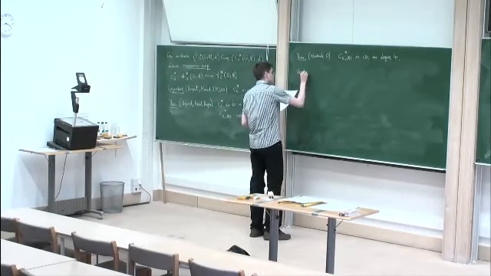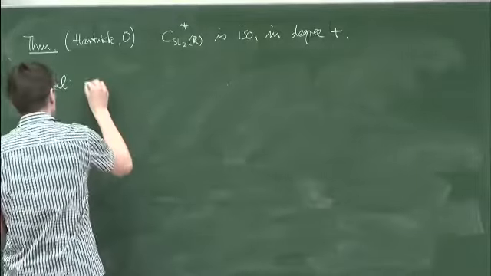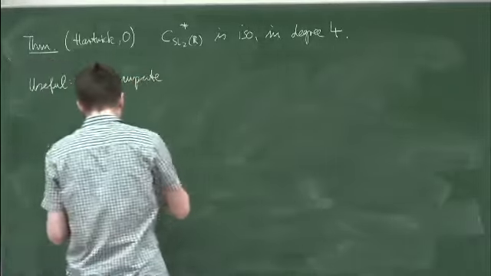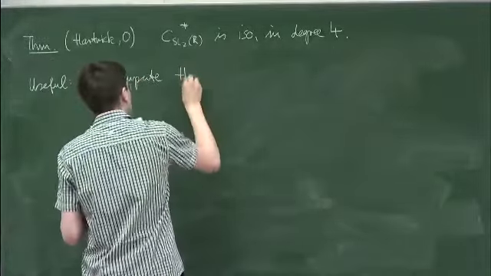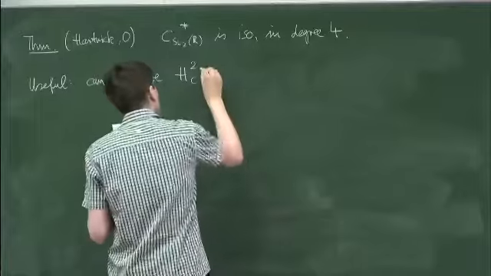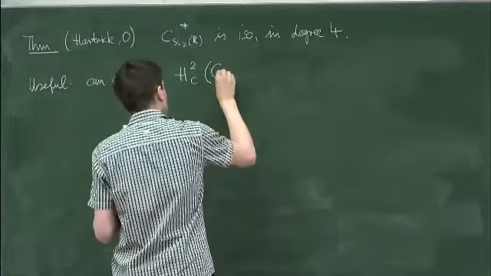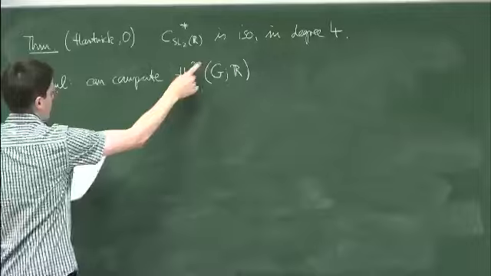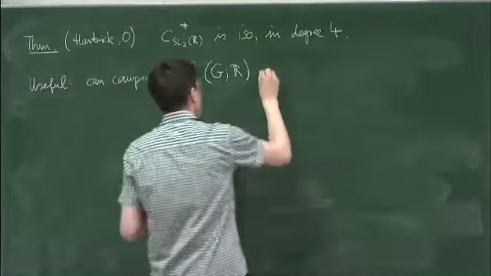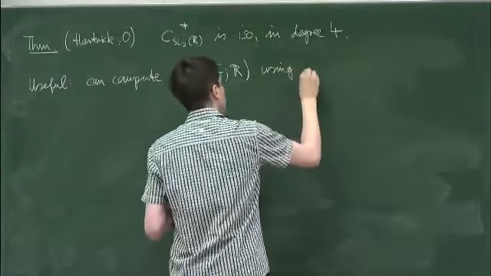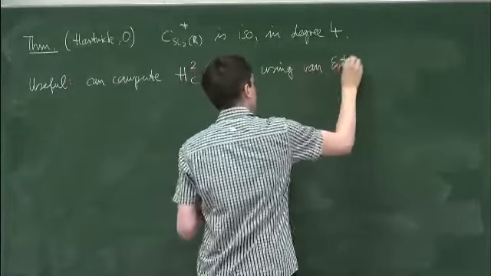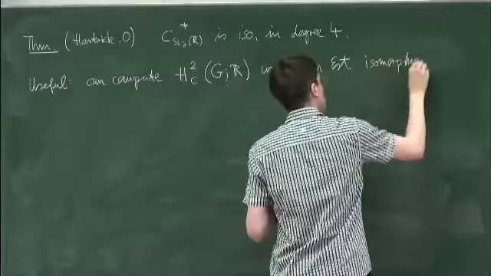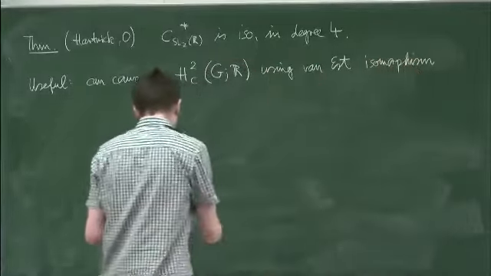it's useful because we can compute the continuous cohomology in general, and now I'll only consider the degree 2 case using what is called the Van Est isomorphism, which is the following map.